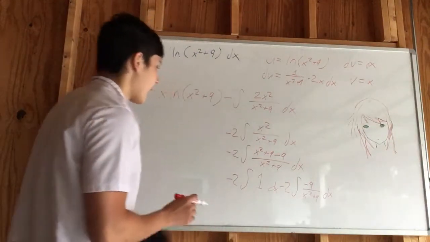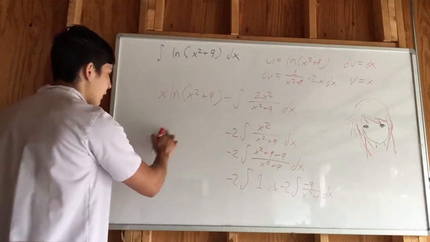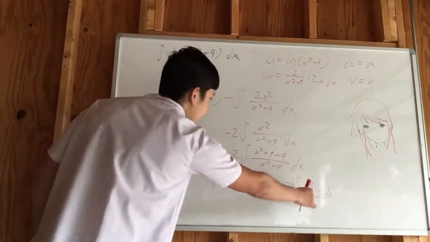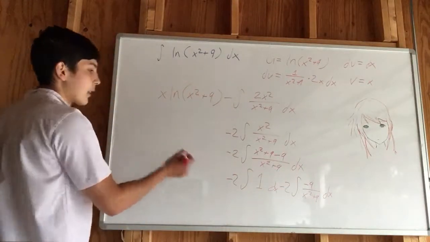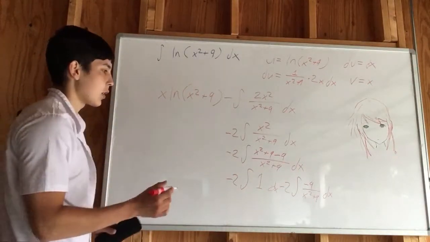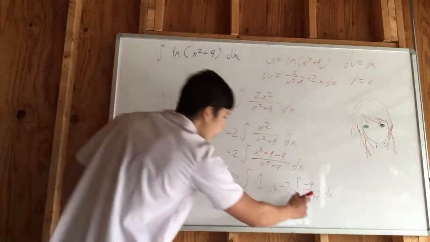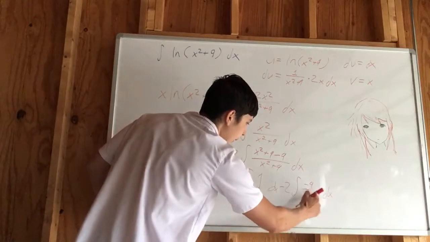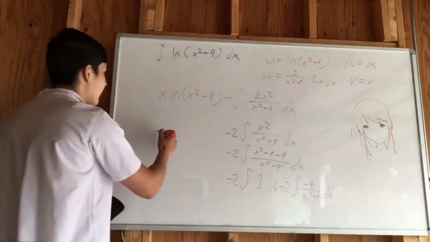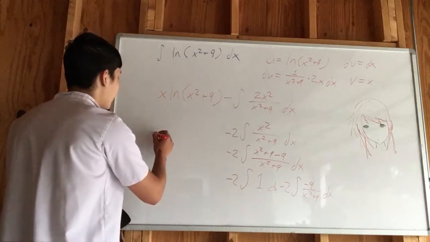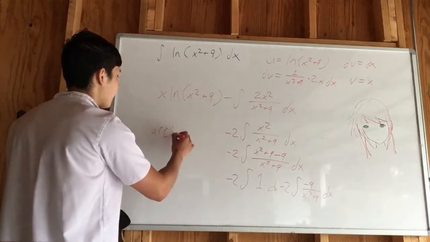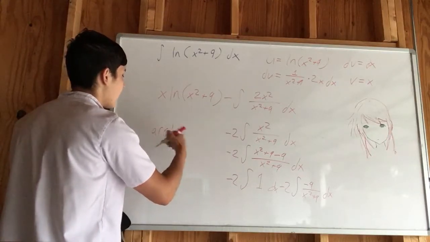So how does arctangent work? Whenever you have this pattern here in the integrand, how does arctangent work? So the way it works is you square root whatever you have here, and then you let that go in the denominator under x, like this.